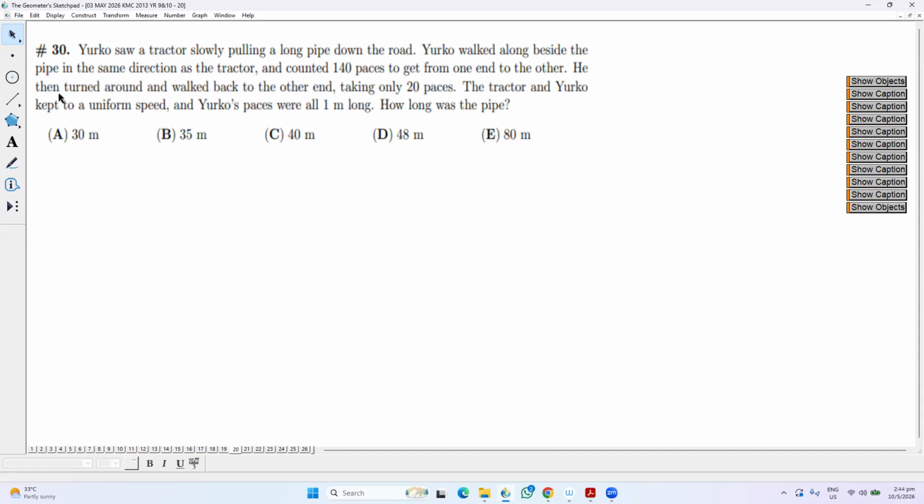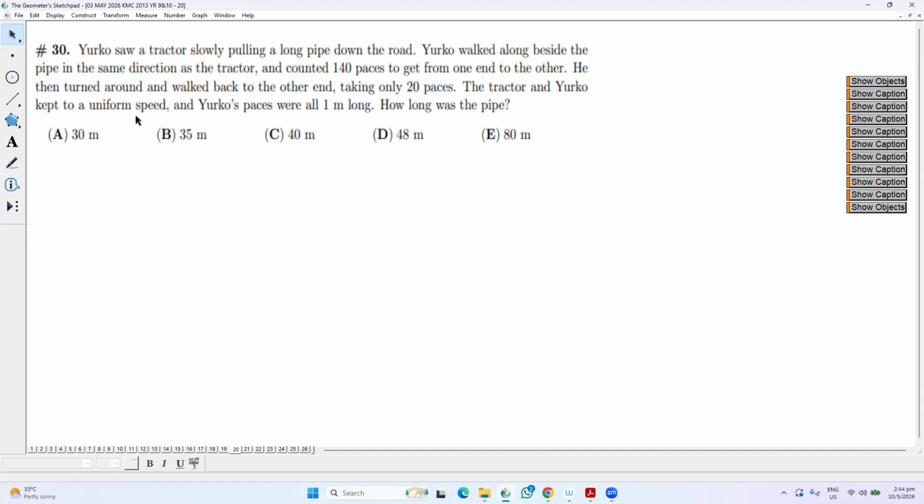He then turned around and walked back to the other end, taking only 20 paces. The tractor kept to a uniform speed, and Yoko's paces were all 1 meter long. How long was the pipe?